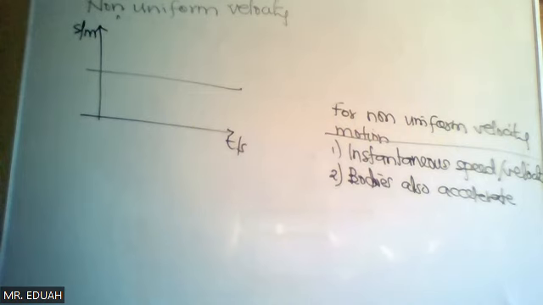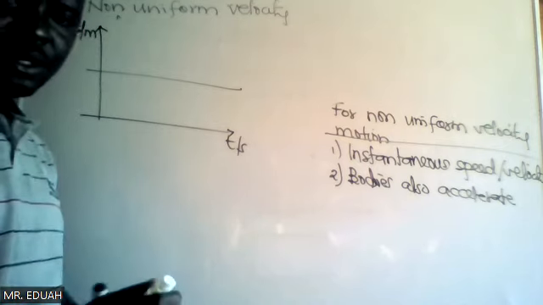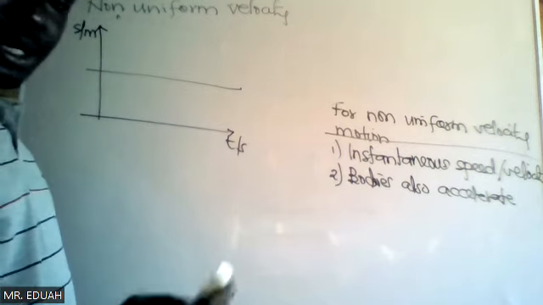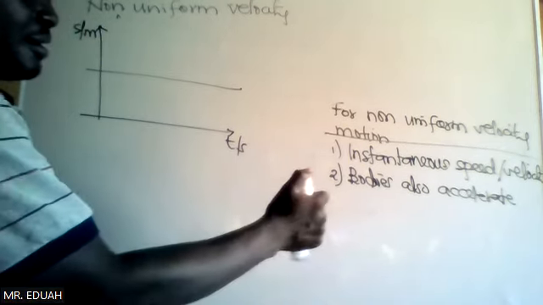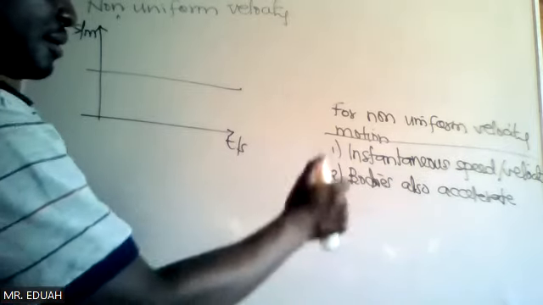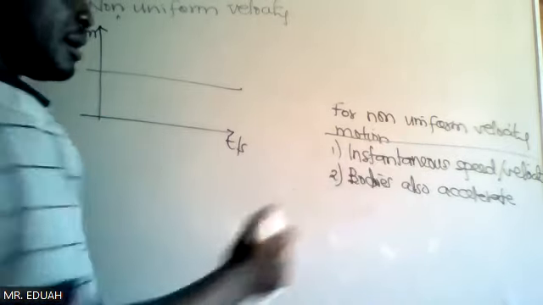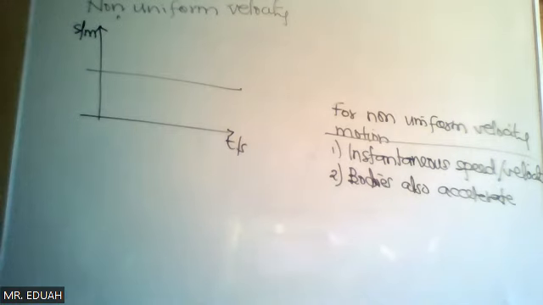Kweku, go ahead. Your hand is up. Go ahead and try. It means that the body has already covered the distance and it remains, it's not moving. Kweku, can you tell me why you think so?